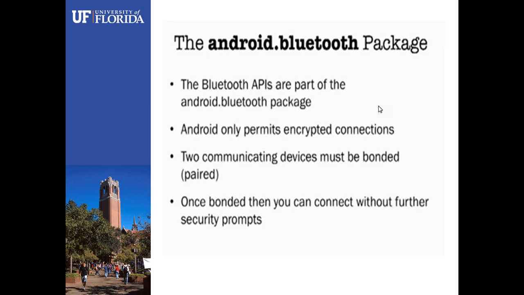Specifically for this application, we need the android.bluetooth package, and the Bluetooth APIs are part of this package. Android only permits encrypted connections, and two communicating devices must be bonded before sending out the other signals. That bonding is a must. Once bonded, then you can connect without further security prompts.